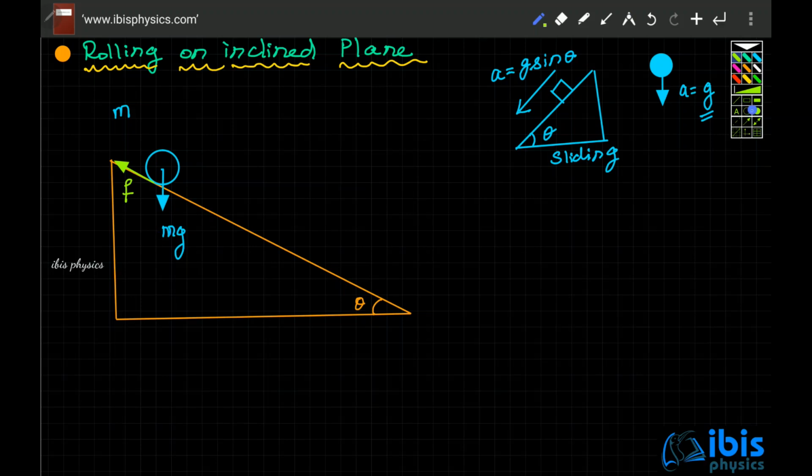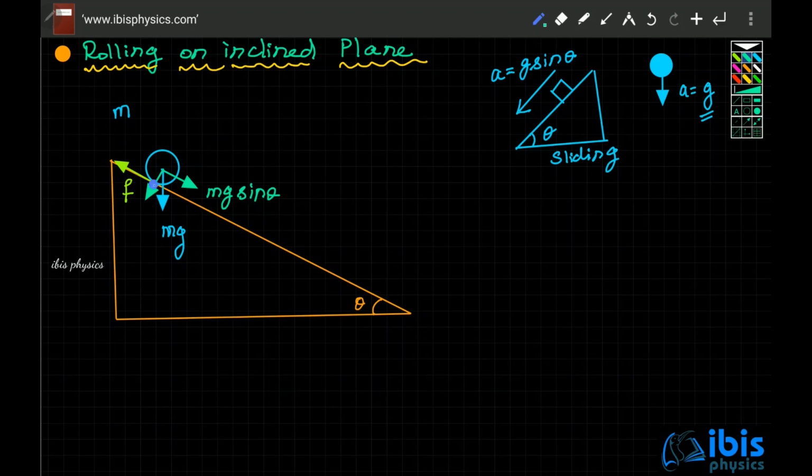If this is mg, we have learned many times that it can be resolved into two components. One is along the plane, which is mg sine theta, and the other is perpendicular to that, which is mg cos theta. Now one force is acting along the downward direction, which is mg sine theta.